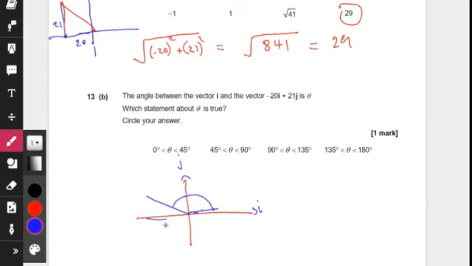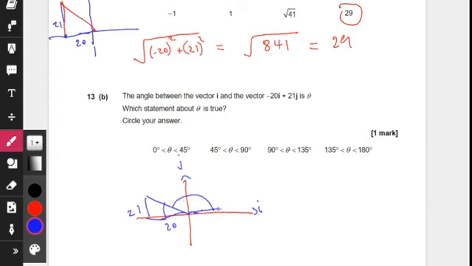Given that this is 20 and that's 21, this angle is going to be in between 45 and 90, which means that this angle is going to be... If it were equal to 45, that would make this 135. Because this is more than 45, there's less for this, so it's in between 90 and 135. That's a kind of logic.